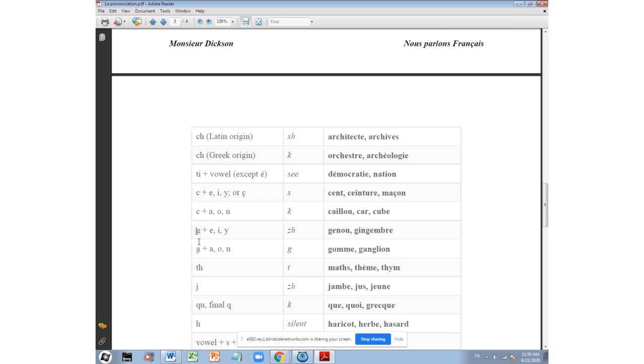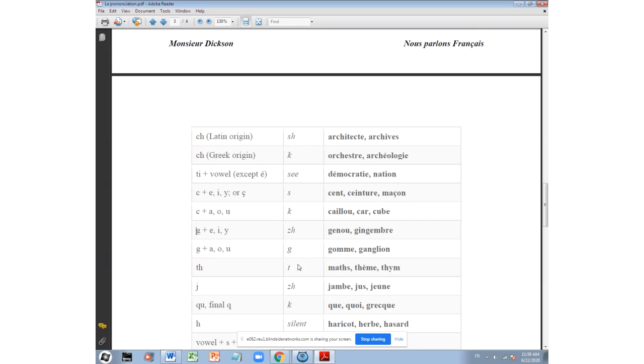The first one was J and G, this one is now ga, go, gu. So we say gomme, ganglion. Another word I may add is garage, written the same as in English. And then we also have the word gâteau. If you remember that one, we have talked about it.